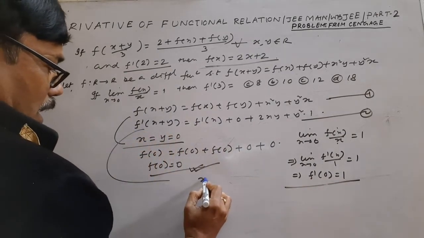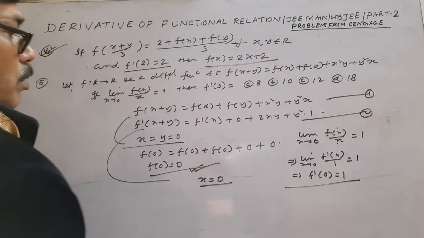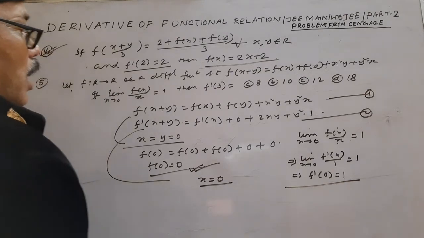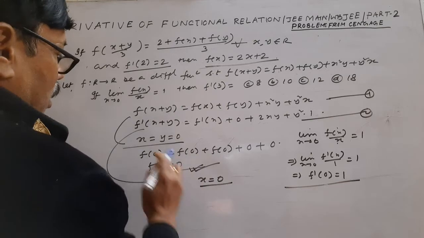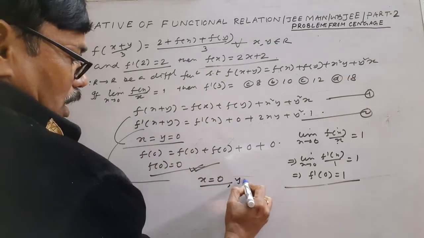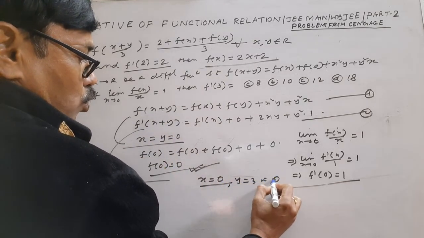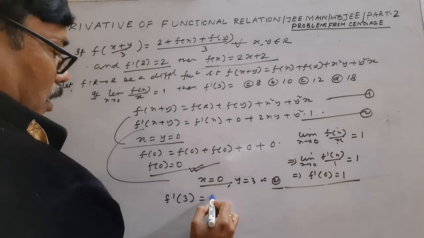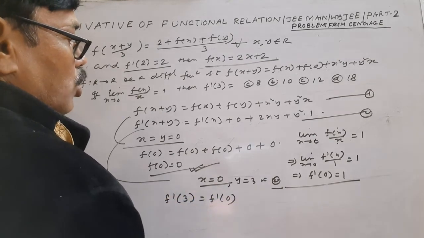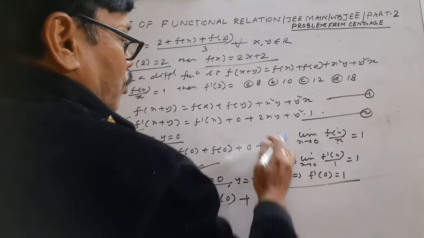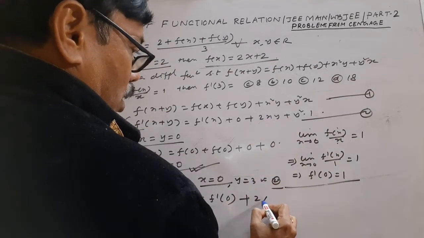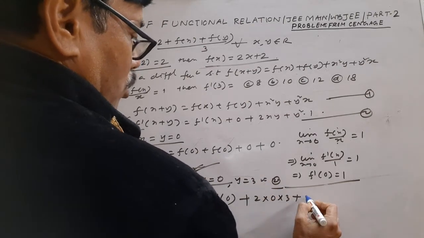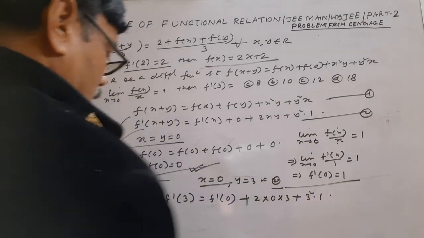So putting x equals 0, and we need f'(3), y equals 3 in equation 2. So what are we getting? f'(3) equals f'(0) plus 2 into 0 into 3, plus 3 squared into 1.